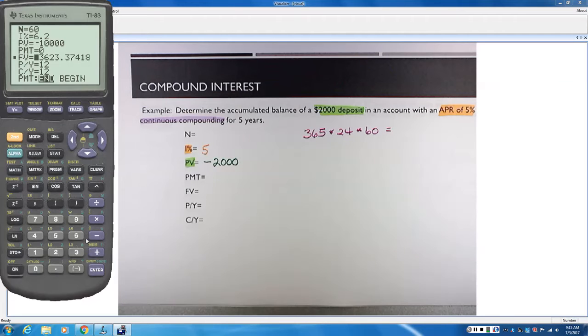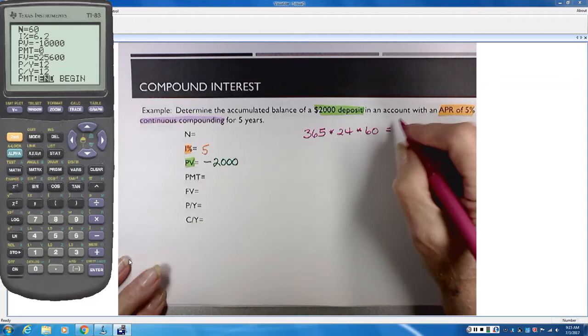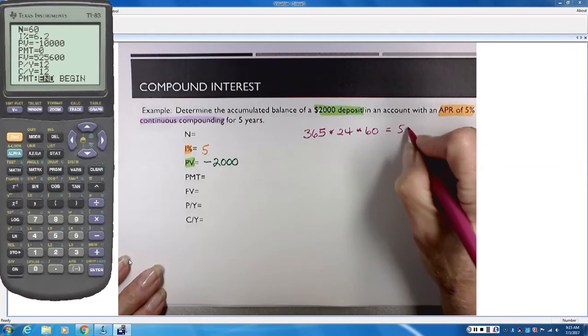So that number that was in that table, oops, that wasn't supposed to be there, but anyway, I can change it. That actually turns out to be 525,600.